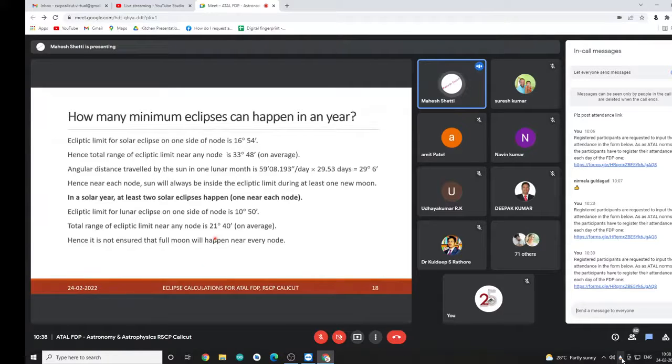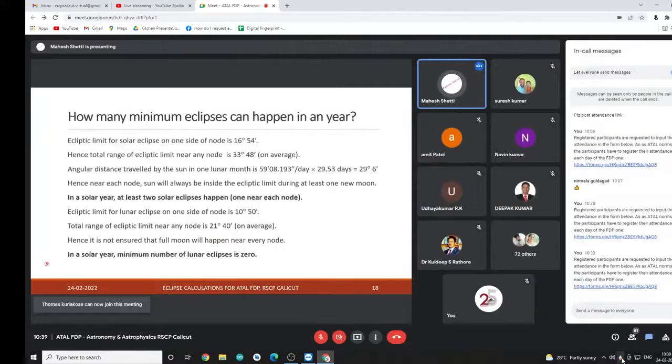Because the moon keeps coming near the node every month. But that is not important. The sun also should come, and the sun is going to come only twice a year. So we always talk about the sun coming closer to the node. If a full moon happens, surely it is going to be a lunar eclipse. If a new moon happens, surely it will be a solar eclipse.